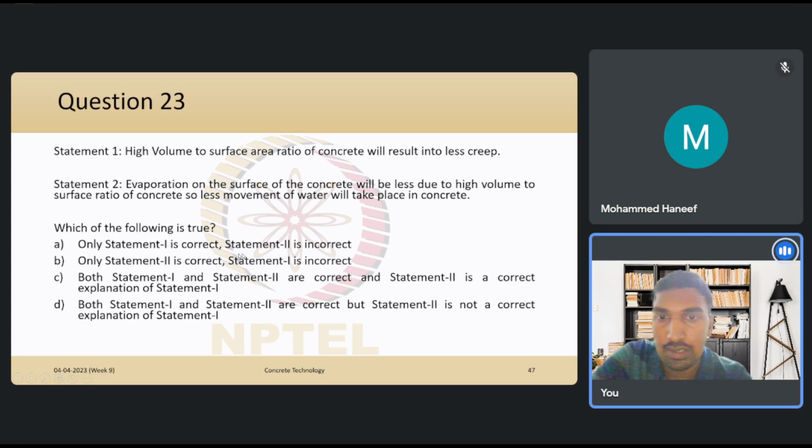A, only statement 1 is correct, statement 2 is incorrect. B, only statement 2 is correct, statement 1 is incorrect. C, both statements are correct and statement 2 is the right explanation for 1.